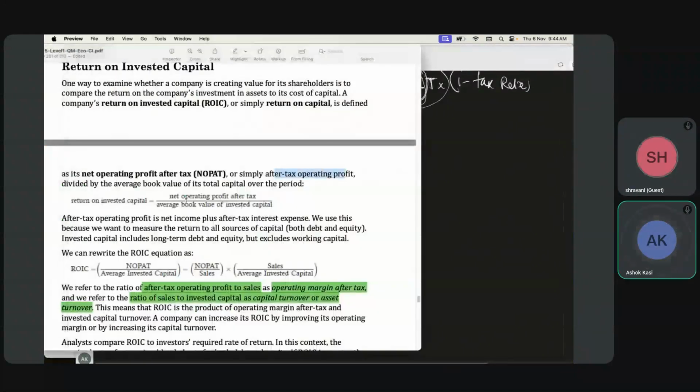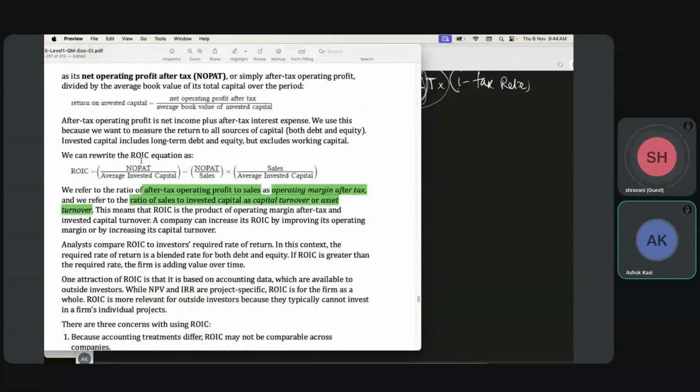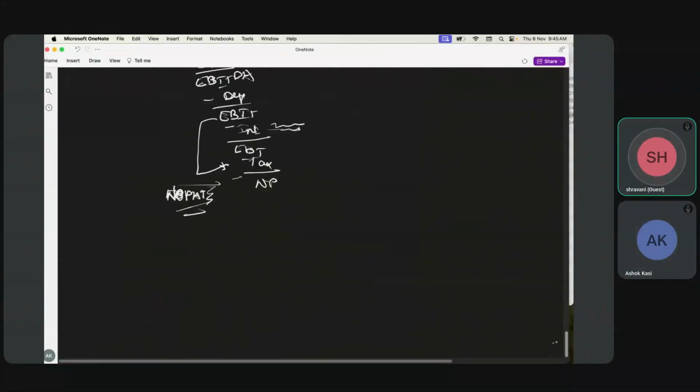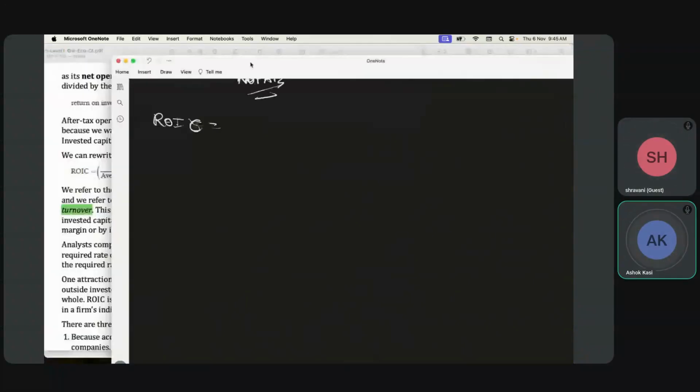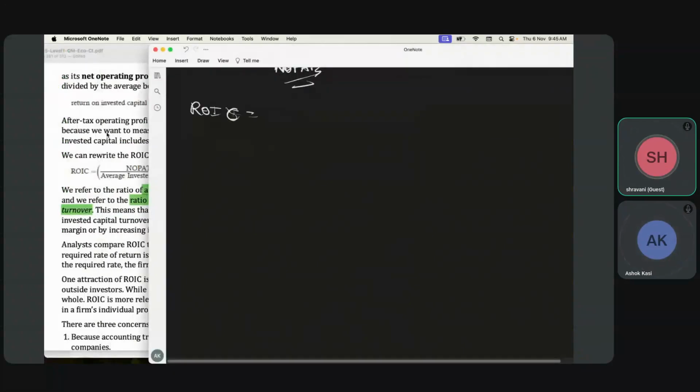So NOPAT divided by average book value of invested capital, that is the formula for return on invested capital. Now return on invested capital equals NOPAT divided by average invested capital.